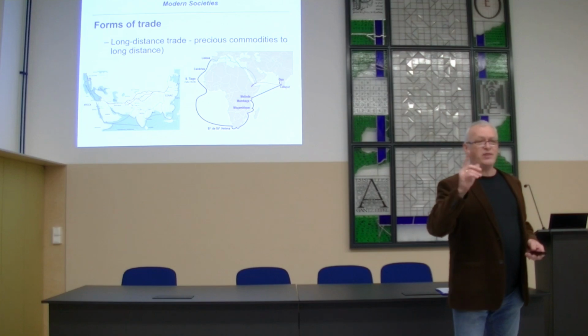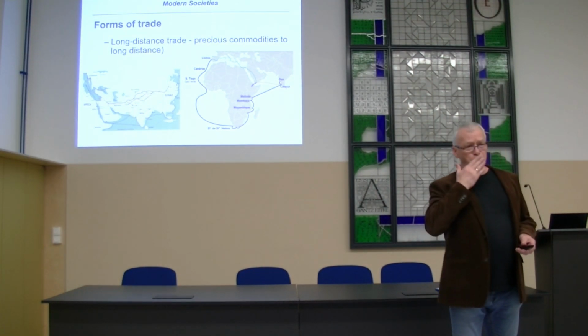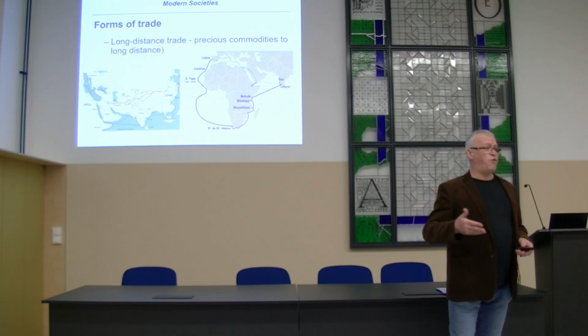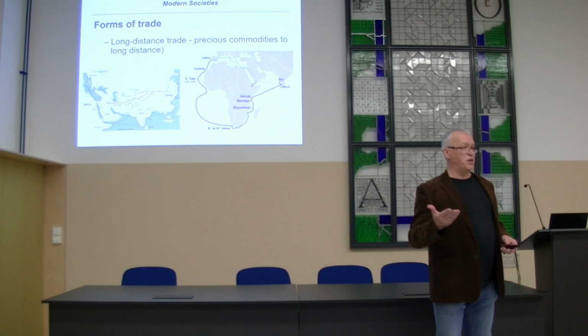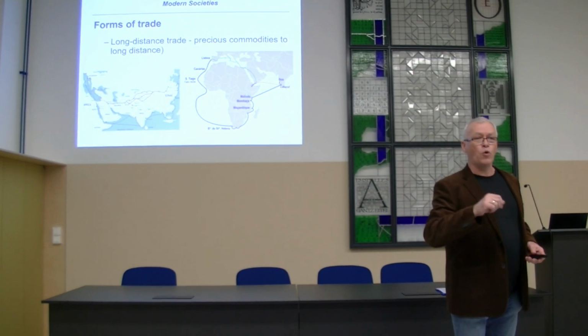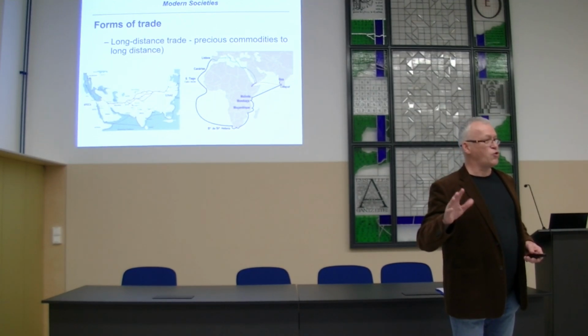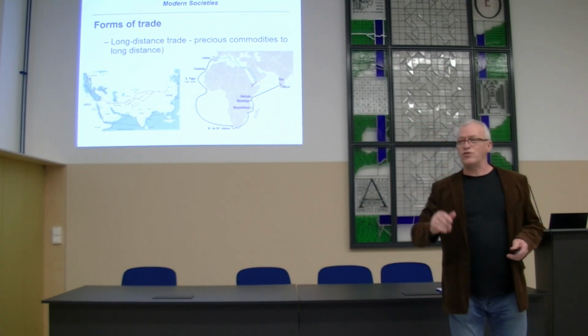Unbelievable, but very dangerous. Because not only traders specialized in long distance trade, but the criminals too. Therefore, the long distance trader wrote a testament before the travel. No sure survival. Very high profit, but very dangerous.